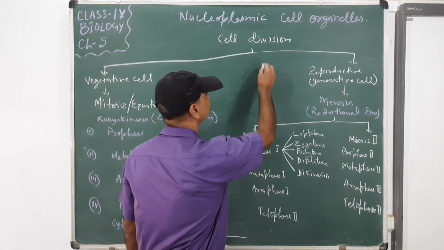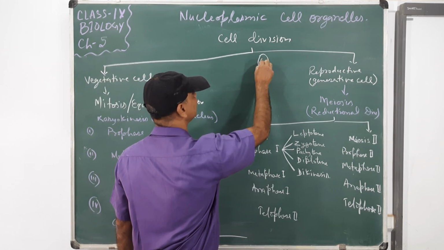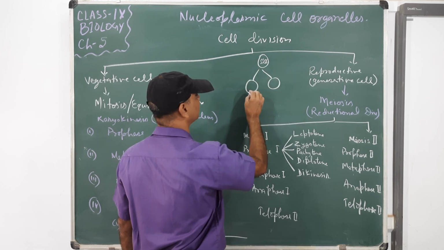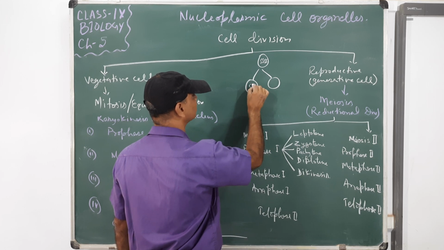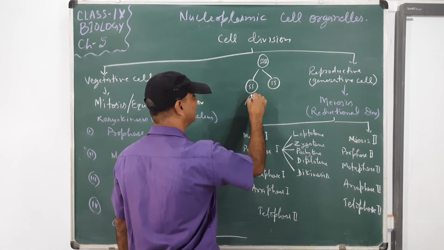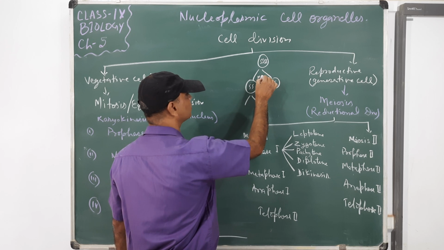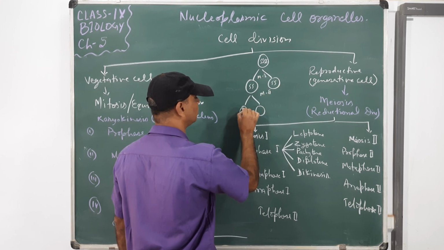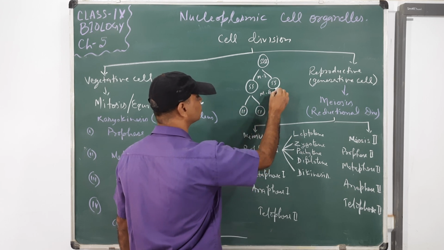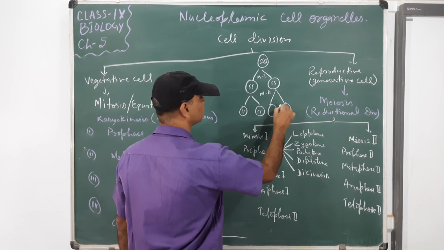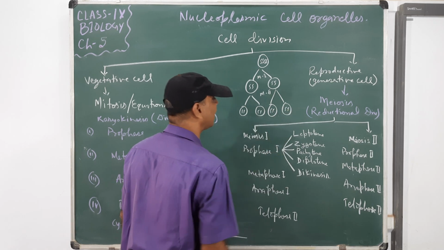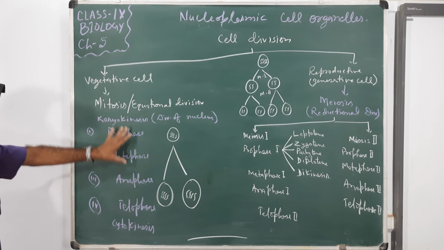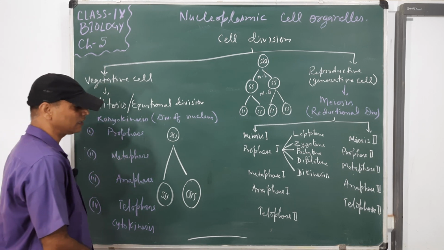But in meiosis, one cell having 4 chromosomes divides into 2, and after meiosis 1 each has only 2 chromosomes. Then in meiosis 2 it divides again into 2, but the chromosome number stays the same. So we can say they produce 4 cells having half the number of chromosomes. This is the reductional division, and that is the equational division of the cell.